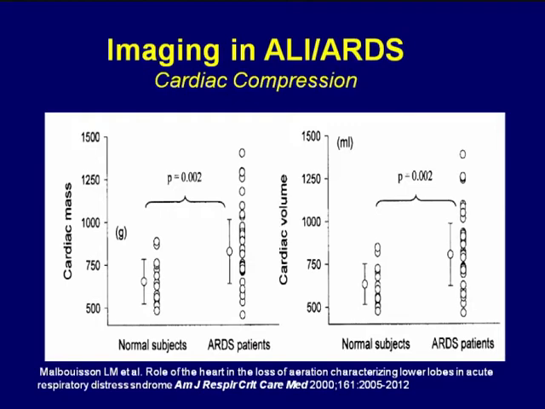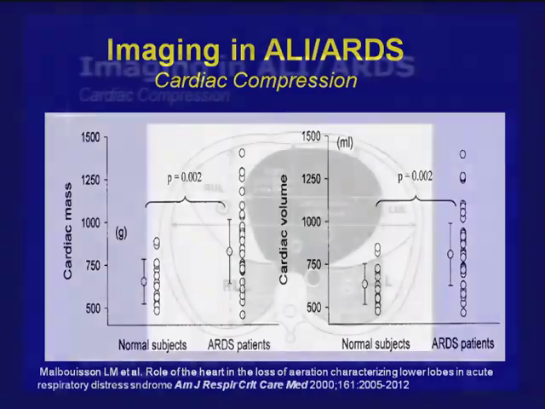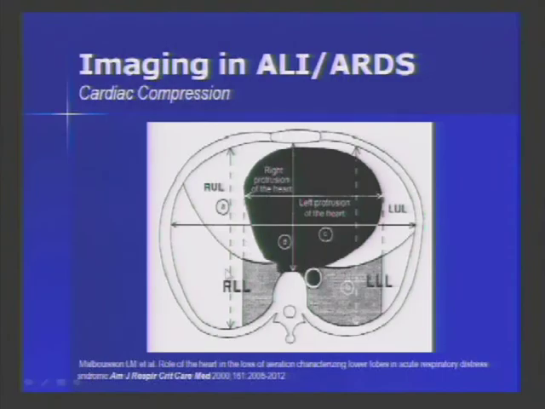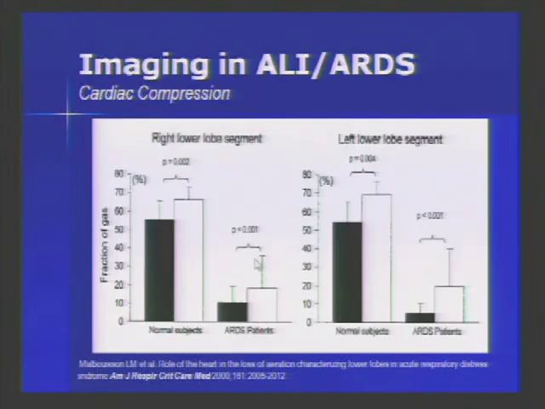And that's been shown in this very elegant study published in the Blue Journal a few years ago, showing that not only does the cardiac mass increase, but cardiac volume increases in patients with ARDS. And the heart itself bears down on the lung. So the lung is behaving like a sponge initially, and has a tendency to collapse those dependent lung units, and the heart also then contributes to that effect.